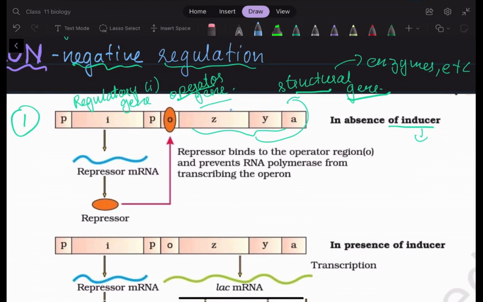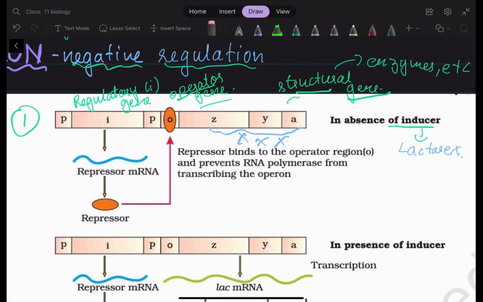Now, when lactose is absent, we do not have to transcribe all these genes, right? We do not have to transcribe these into mRNA. We do not require that.